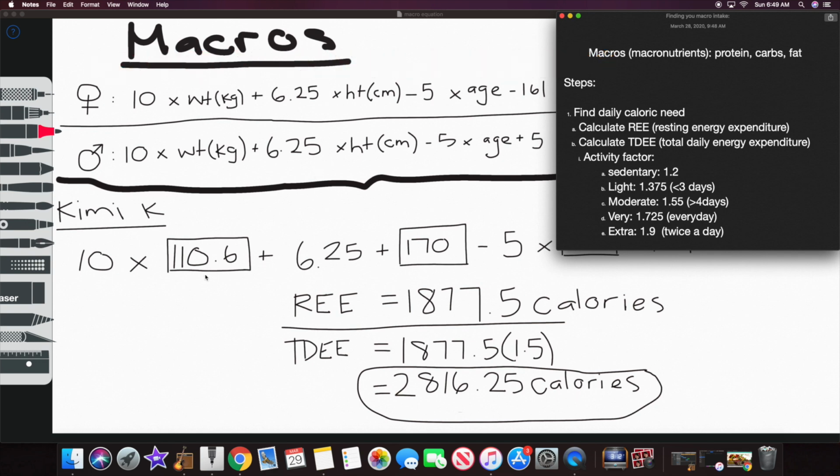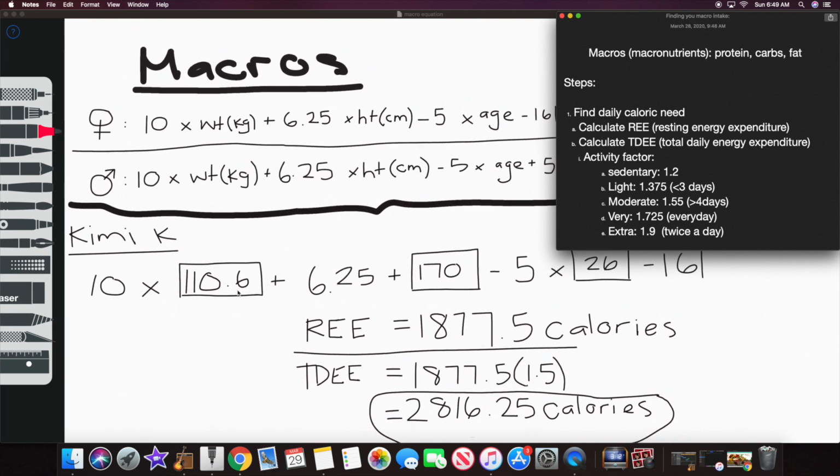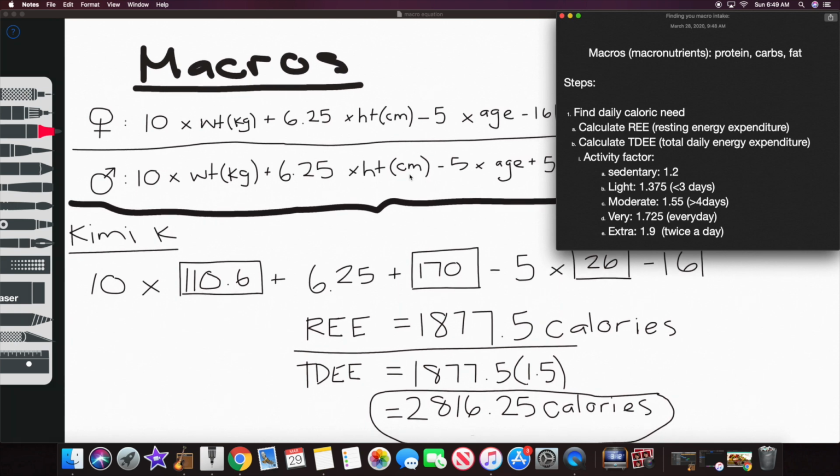Back at it. So this is the equation that I'm going to be using. If you come down here, you'll see for me, I'll have 10 times my weight in kilograms, which is 110.6, plus 6.25 times my height in centimeters. Please be mindful of that. It's not inches. Mind you, it's centimeters. I made that mistake earlier.